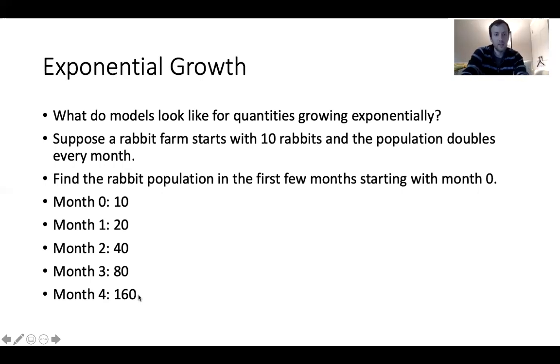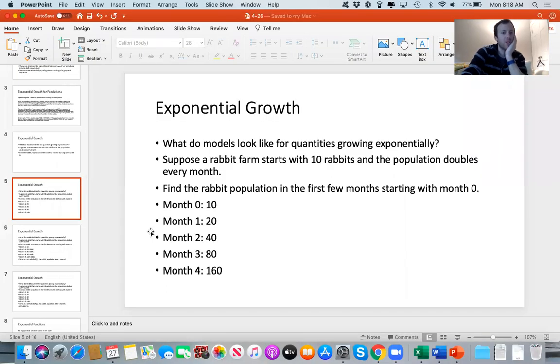Actually, right here, I had an anecdote I want to pull out, so we'll come back to this. It's a parable which really says exponential growth gets really big really fast, and often a lot bigger and faster than you think it would.